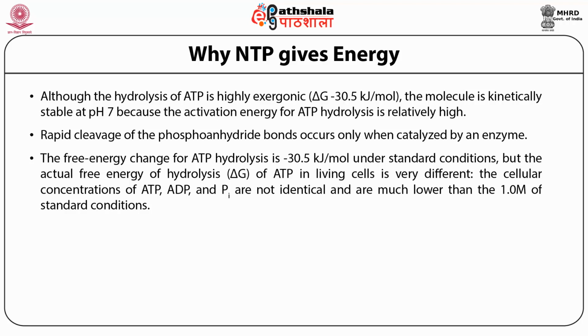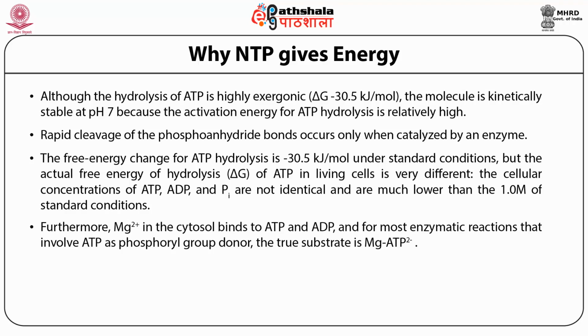Furthermore, the magnesium in the cytosol binds to ADP and ATP, and for most enzymatic reactions that involve ATP as a phosphate group donor, the true substrate is not ATP or ADP alone, but a magnesium-ATP complex, or you can say magnesium ATP 2 minus, because out of the 4 minus of ATP, 2 is nullified by the 2 positive charges of magnesium.